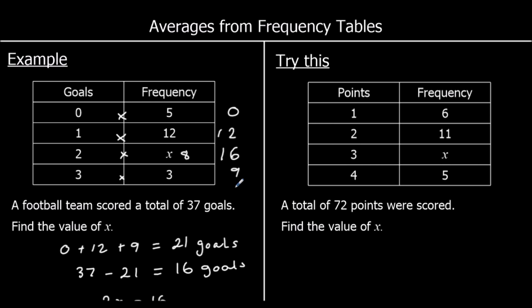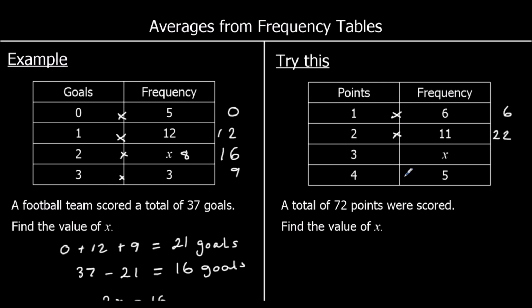Okay, one of these for you to try. So give this one a go. This time we're told a total of 72 points were scored. So we know it has to add up to 72. Let's calculate how many points we've got so far. So 1 times 6 makes 6. 11 twos make 22.